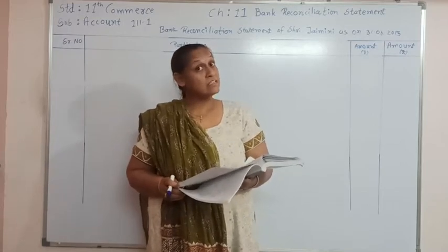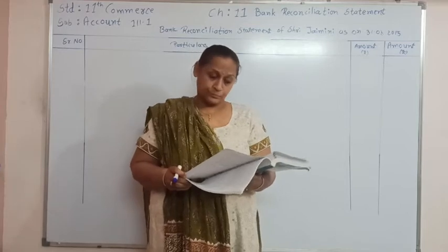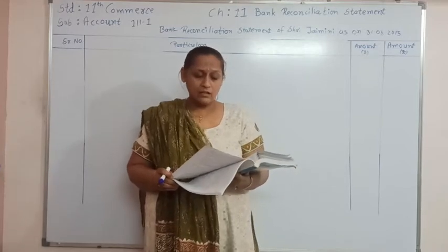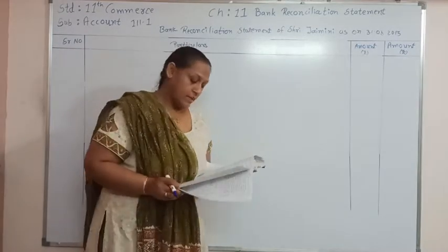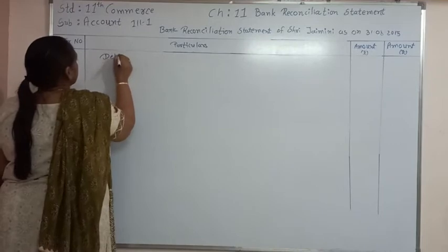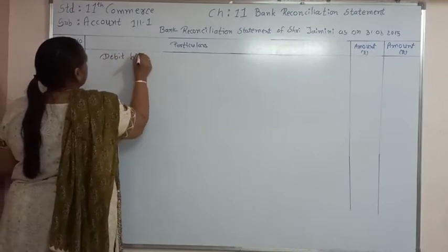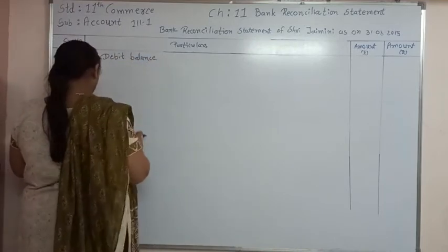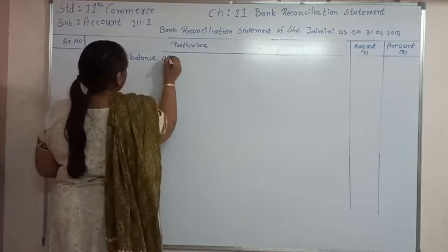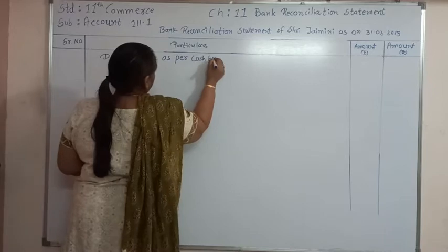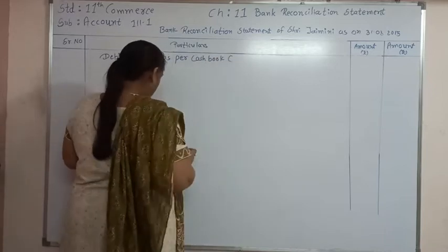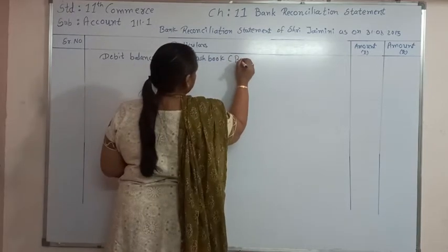Let's start from the cash book. So the debit balance as per cash book, let's start from there. We will write on top: debit balance as per cash book, that is bank balance.